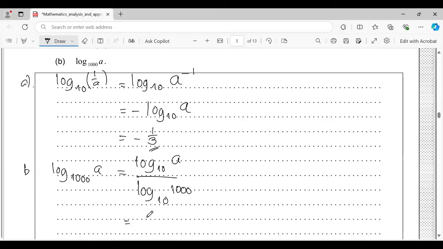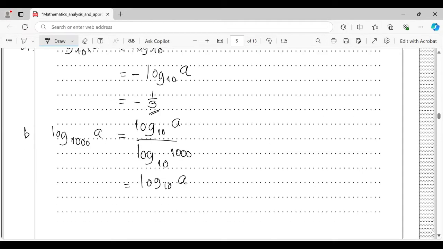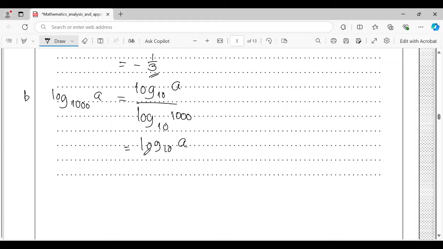And it becomes, I will set like, log 10a, because later this log we can convert becomes 1 over 3 over log 10 of 10 cubed.